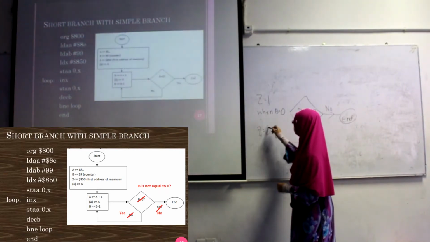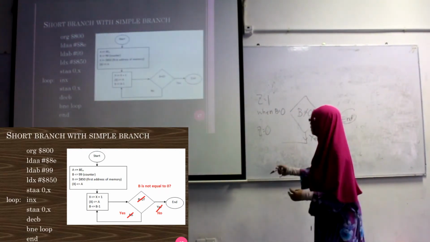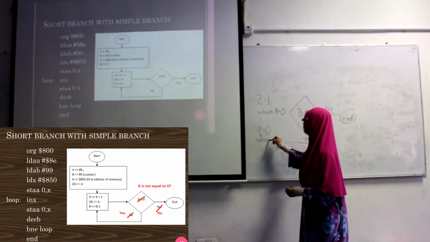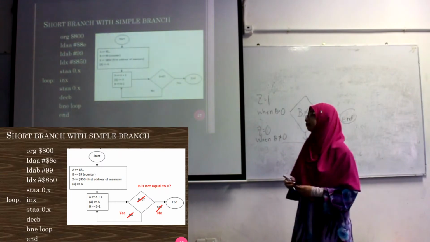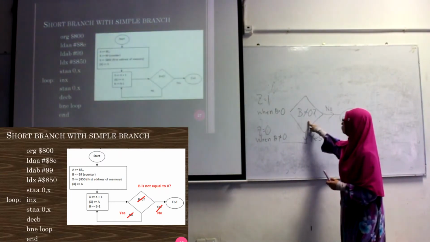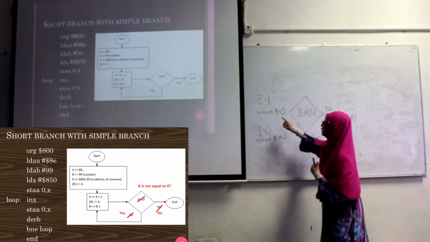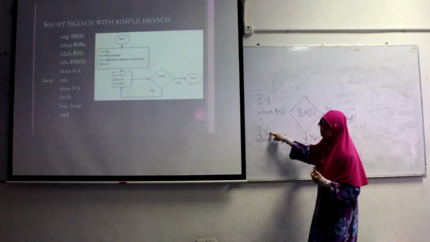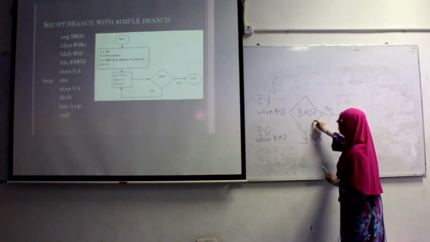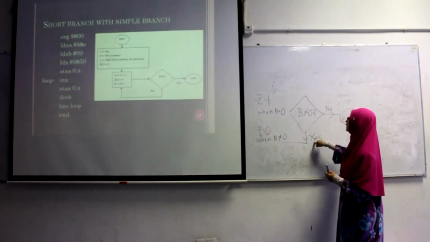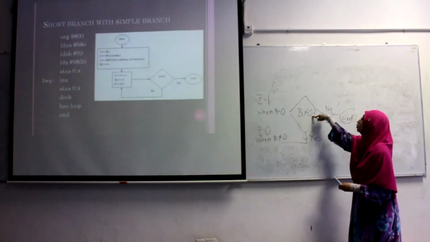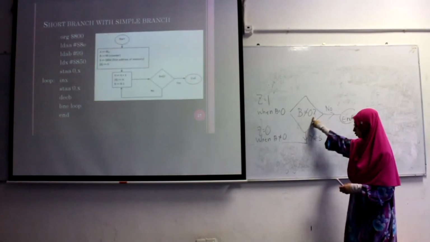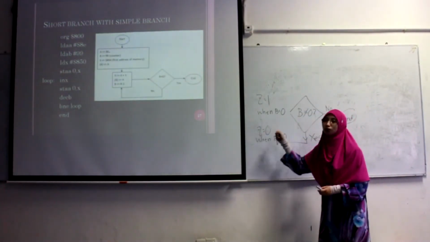For Z equals 0, no, we still have data, so B is not equal to 0. So we have to use either Z equal to 1 or Z equal to 0. The condition for yes is when B is not equal to 0, so we have to use Z equal to 0.